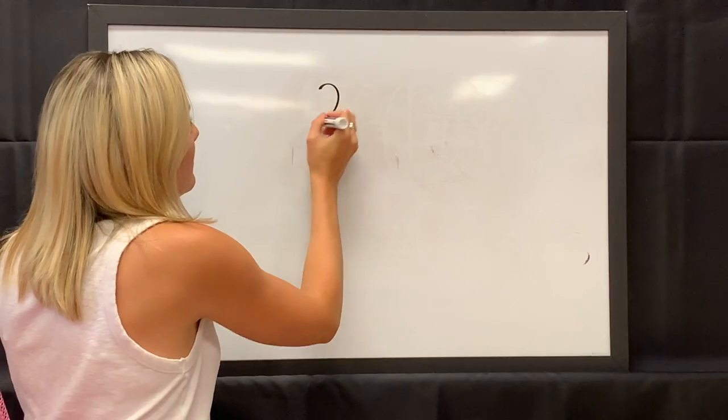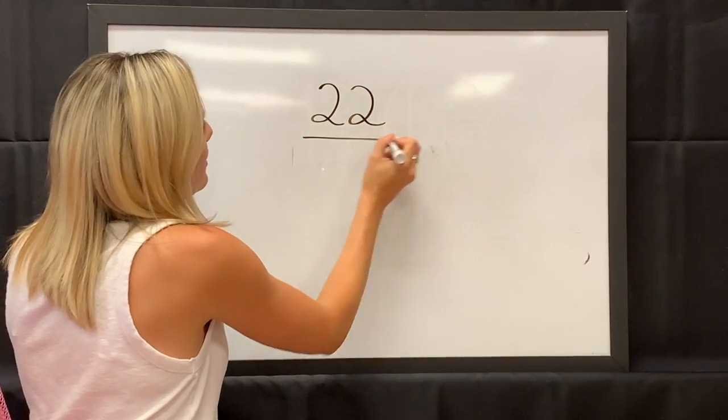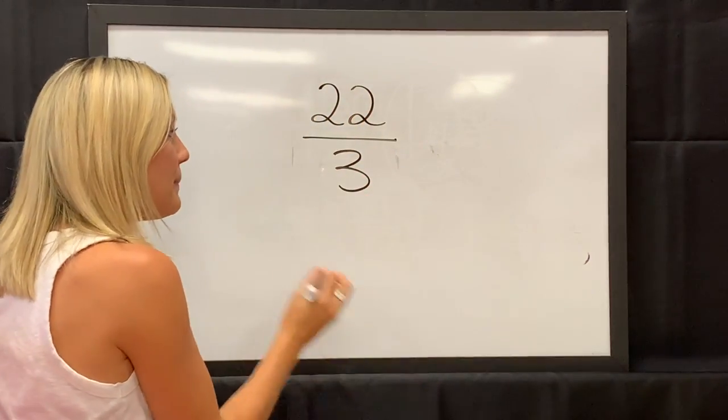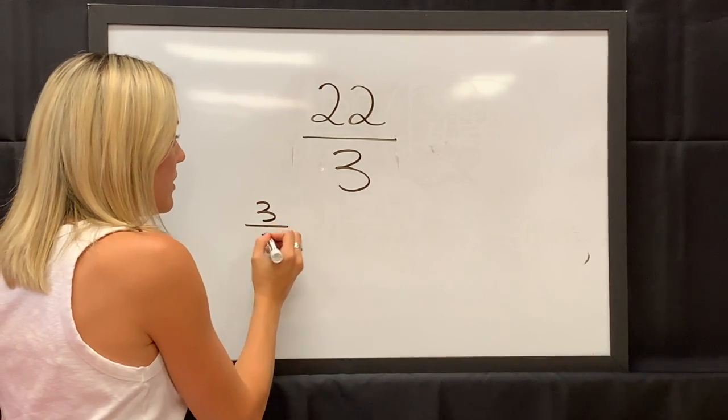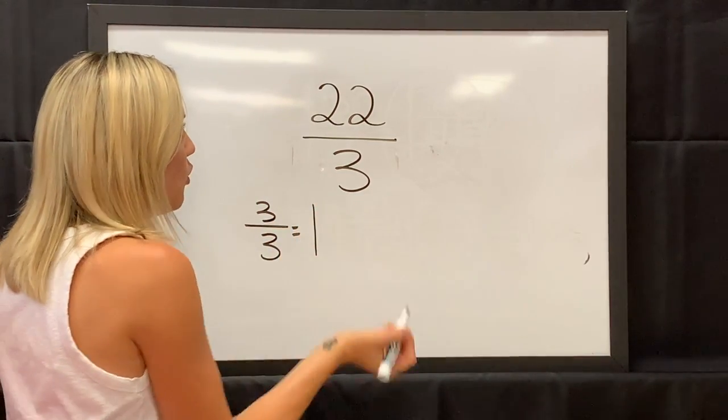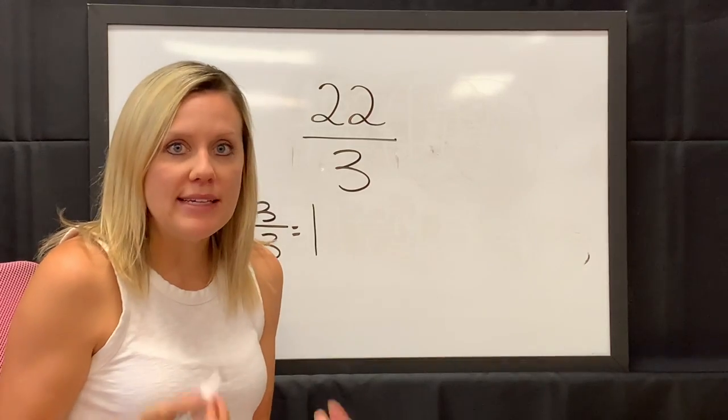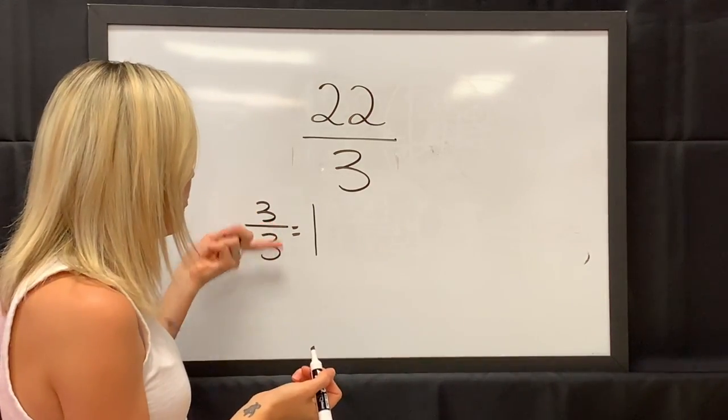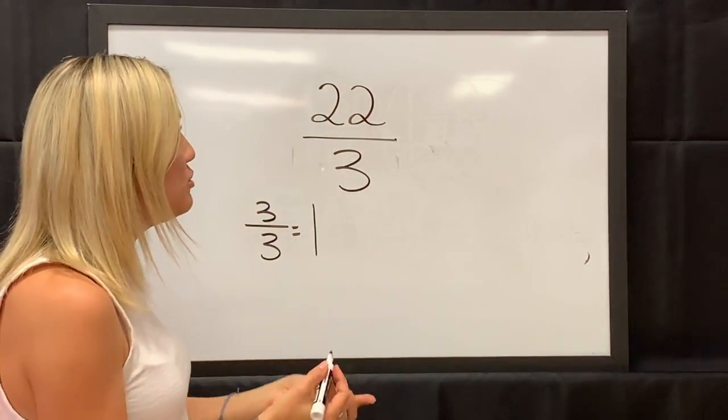Here we have 22/3. Now keep in mind, 3/3 would equal 1 whole. So how many times are we gonna have 3/3 in 22/3?